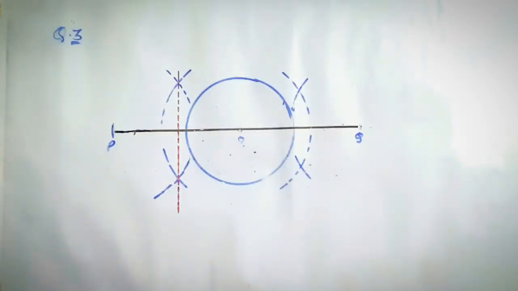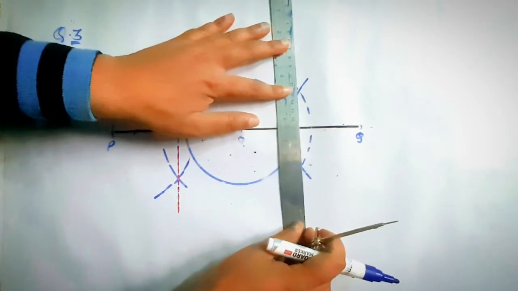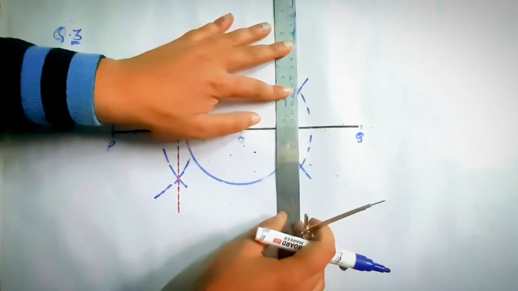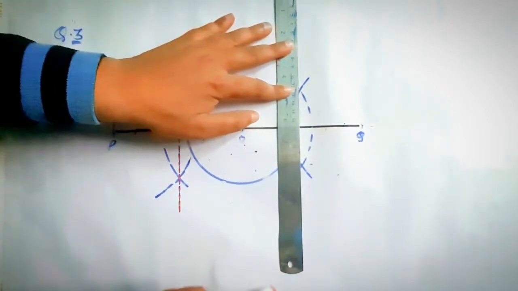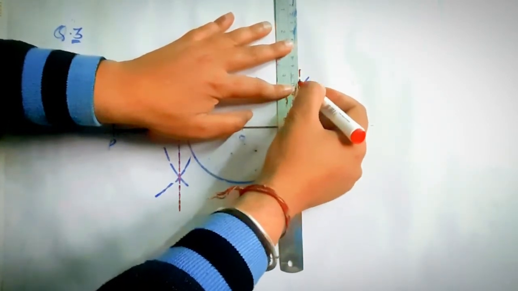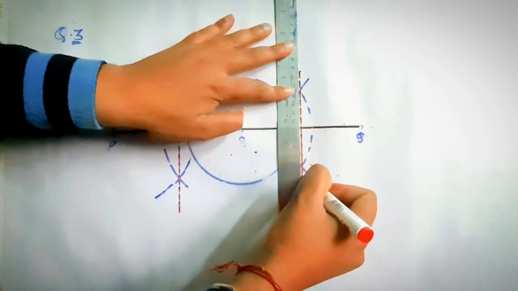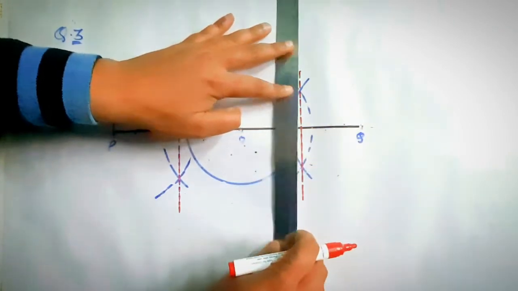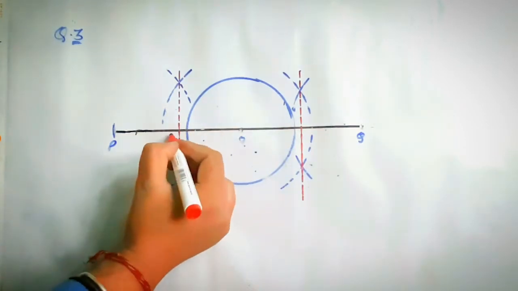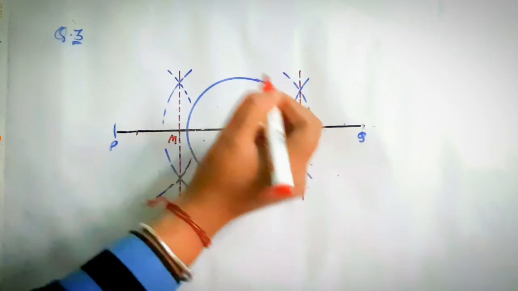Where both arcs are intersecting, join the points. This is your second bisector. Now let the midpoints be M and N.